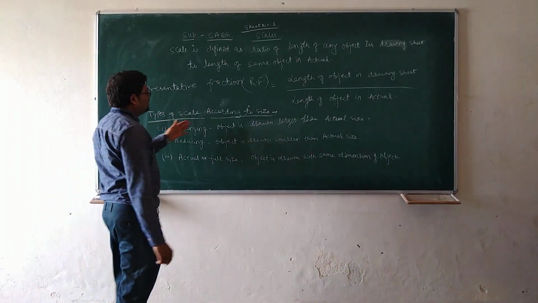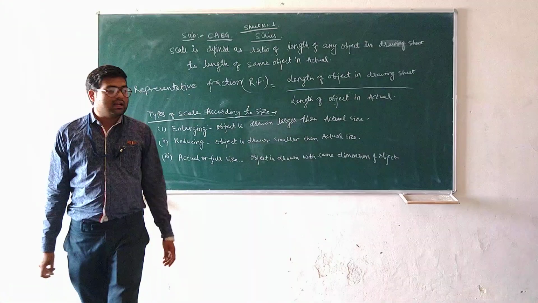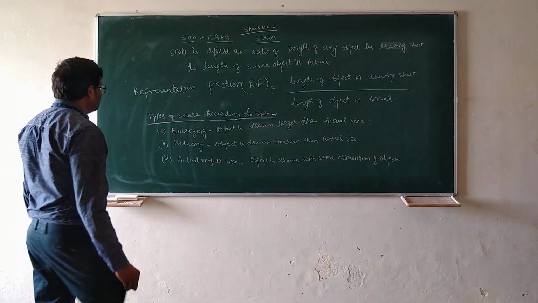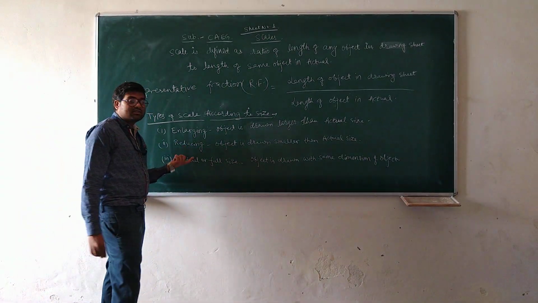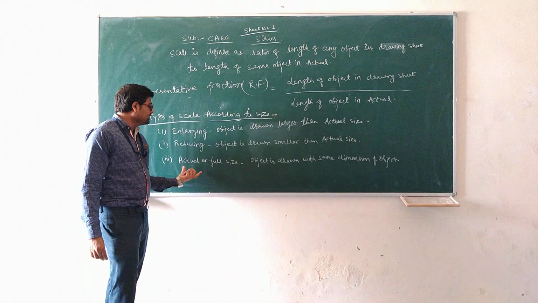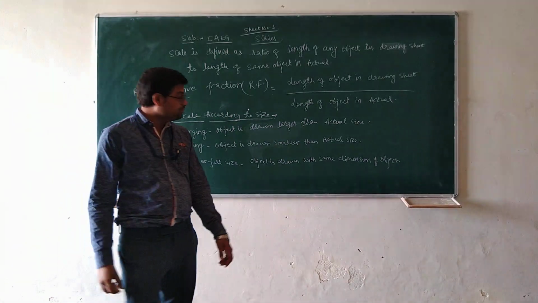The types of scale according to size. There are 3 types of scale. First one is enlarging scale, second is reducing scale, and third one is actual or full size scale.